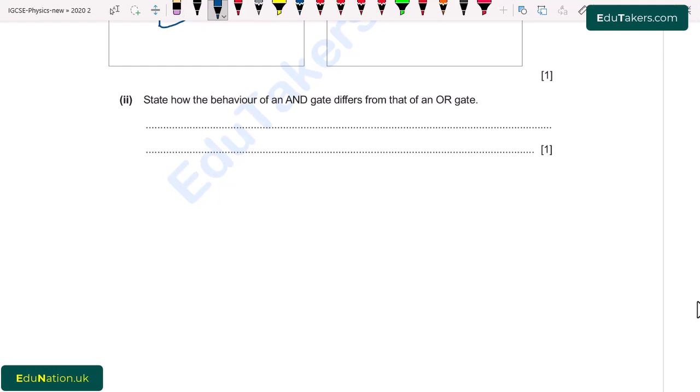So I write here, in AND gate, when both inputs are high, output will be high.